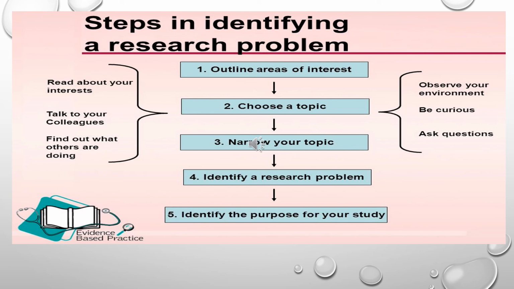Next, steps in identifying a research problem. Already I have explained what the steps are. These slides also explain: outline areas of interest, choose the topic and narrow your topic, identify the research problem and identify the purpose of your study. So how can we identify the research problem? First, read about your interest. You have to study yourself and realize which areas you are comfortable with and which areas interest you.